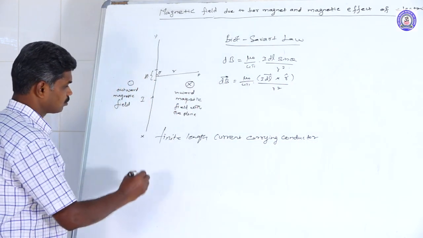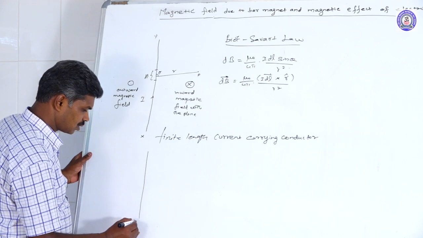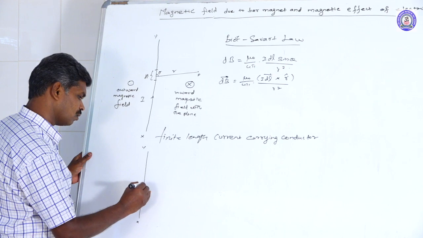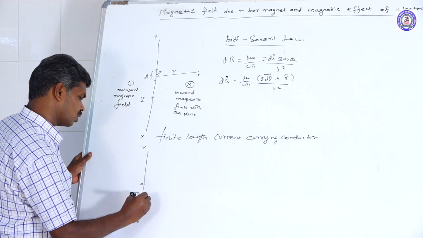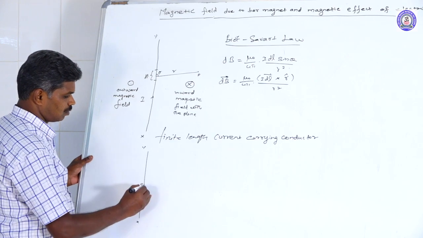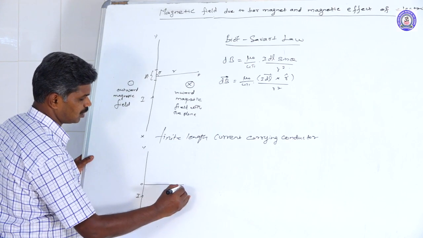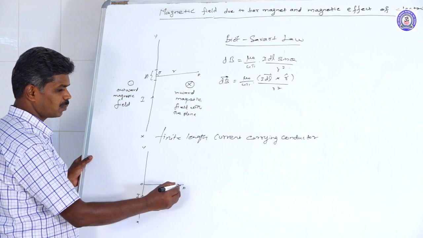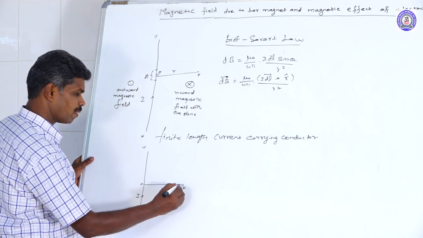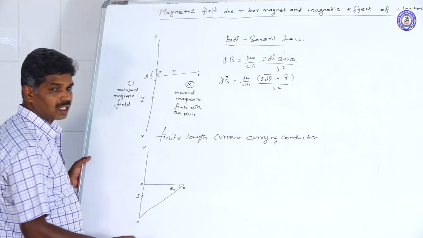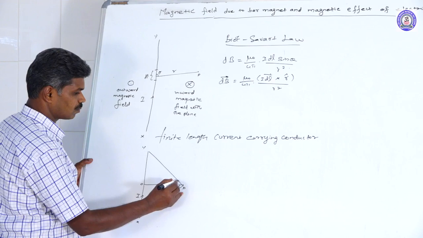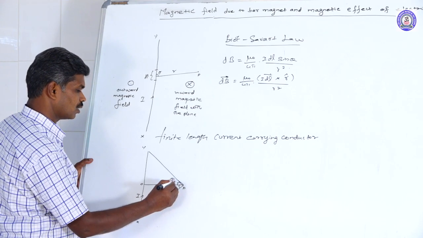For that, we will take the same X and Y. Suppose this is one point O, and through that conductor we pass I ampere current. From that, we take point P. This point P makes a certain angle with the bottom end, which we take as theta 1, and the upper end as theta 2.